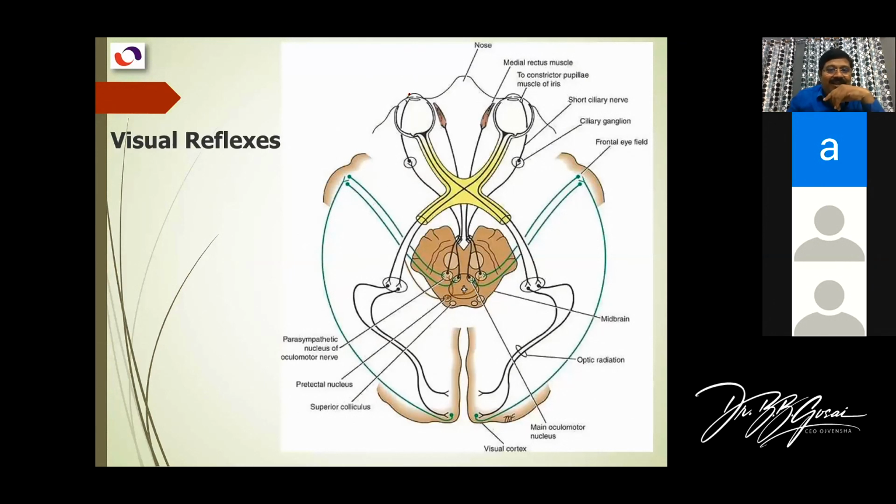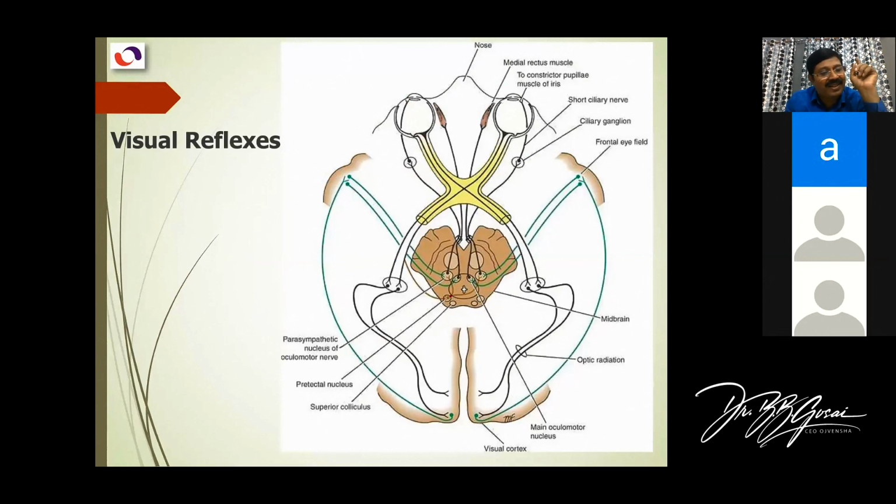Clear? This is the eye, and if I throw a light in one of the eyes, any one, the light will pass through the optic nerve. It will go to the optic tract, and then some fibers from the optic tract leave and go to the midbrain.